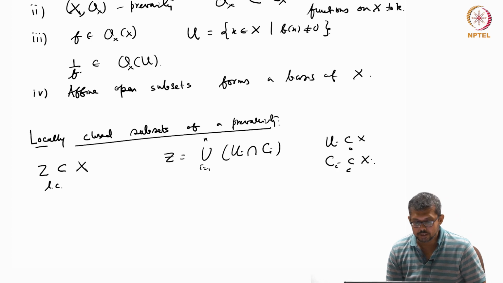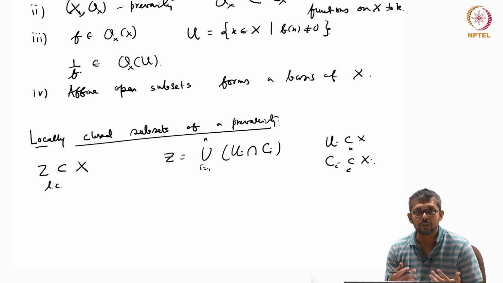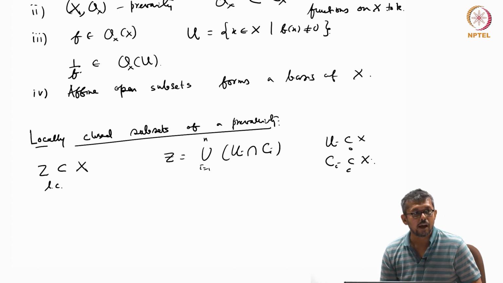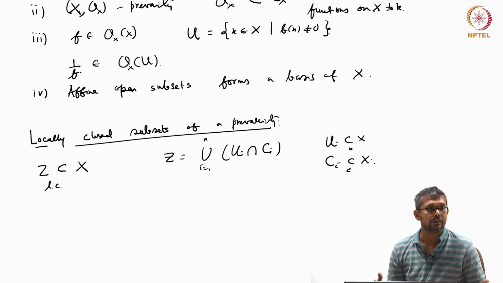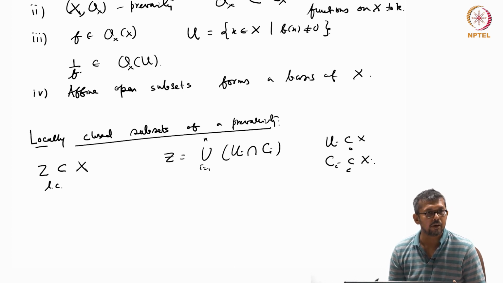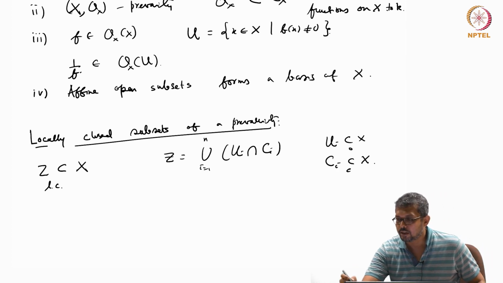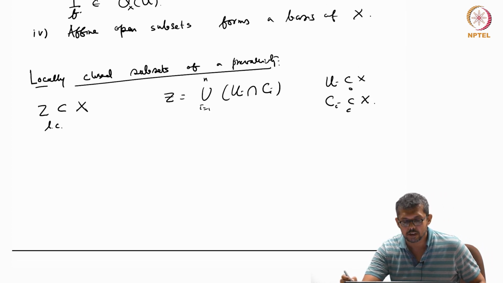Now, the point is that if I have a locally closed subset, I can talk about a variety structure on Z induced from X. As you know, just a subset is not going to give a variety. A variety structure is something special.